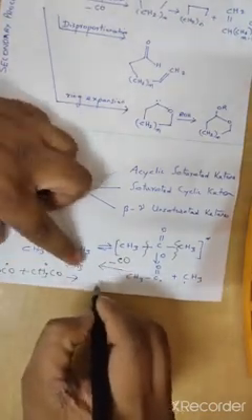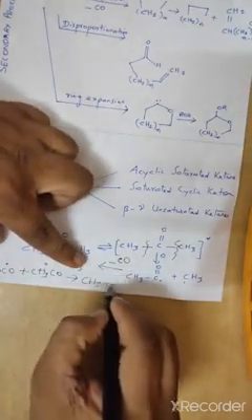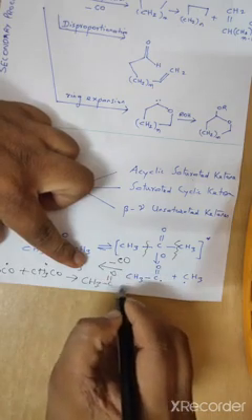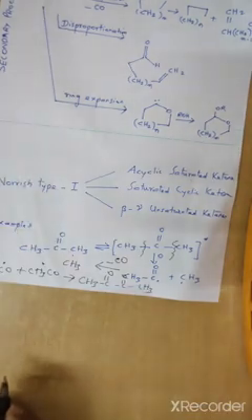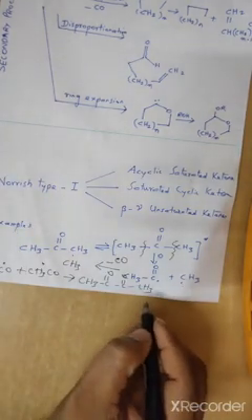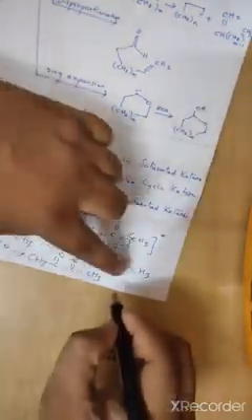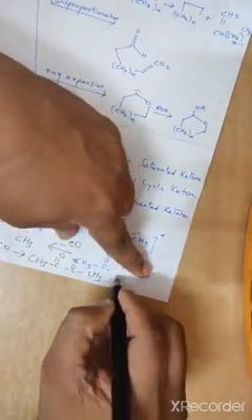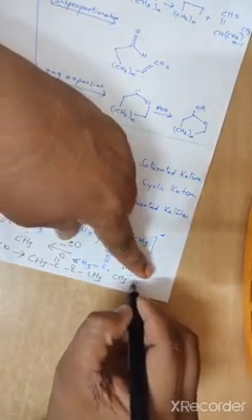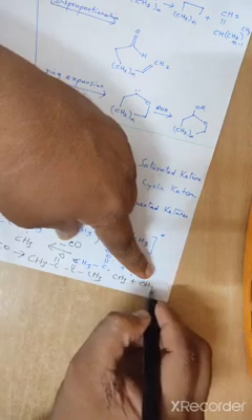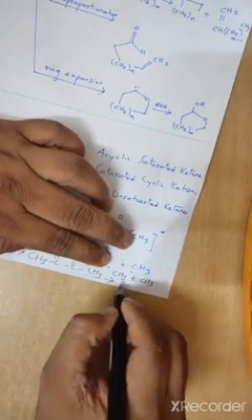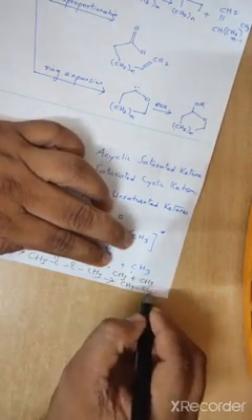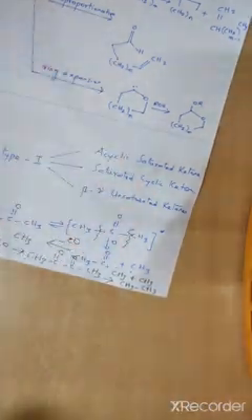It will give CH3, C double bond O, C double bond O, CH3. It means CH3 plus CH3. These are the different products that can be formed from a ketone.